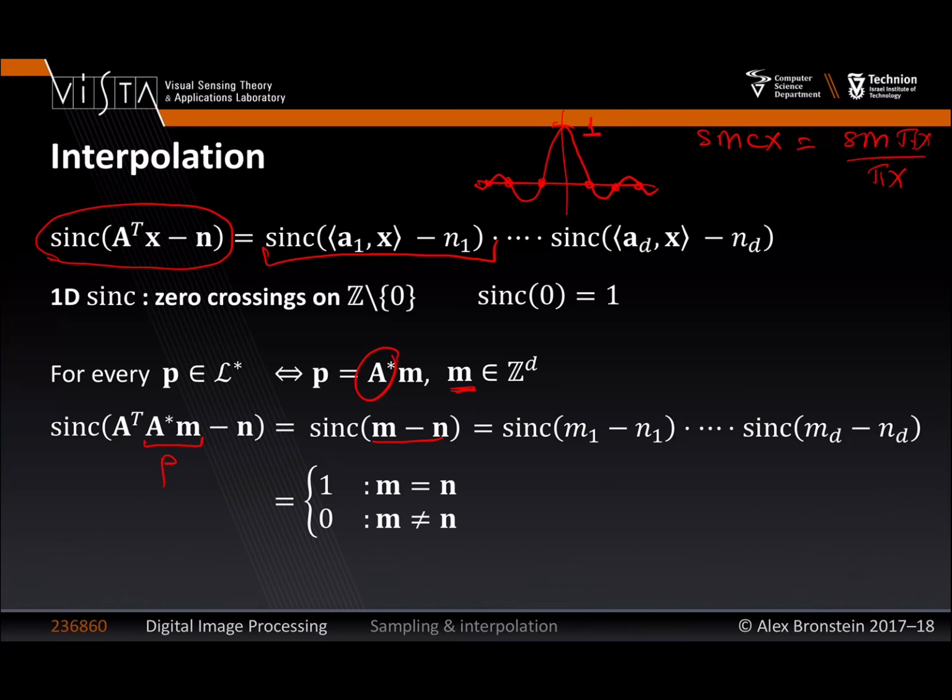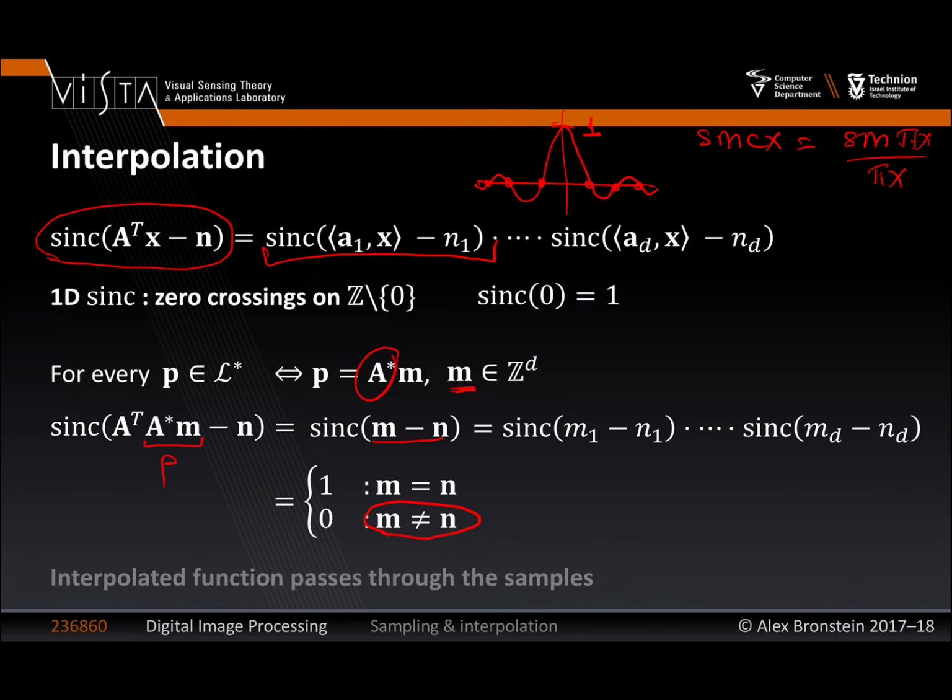Otherwise, m and n are integers, so if any of these coordinates are not equal, one of these one-dimensional sincs will have a zero crossing, because it will be on a non-zero integer value of the argument. So one of these sincs will vanish, and then the whole product will vanish. So outside of m equals n, I will necessarily have 0 for this sinc. Pay attention.